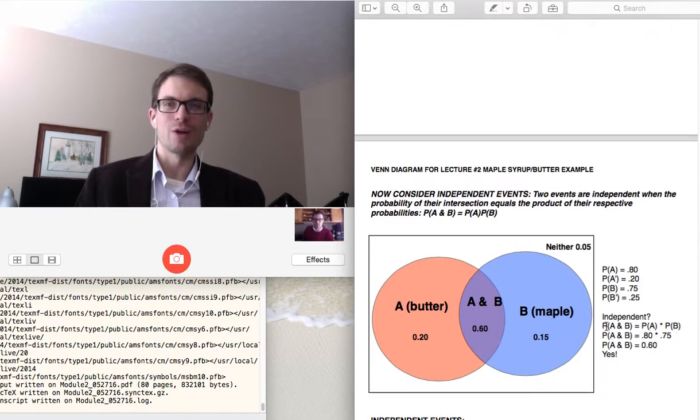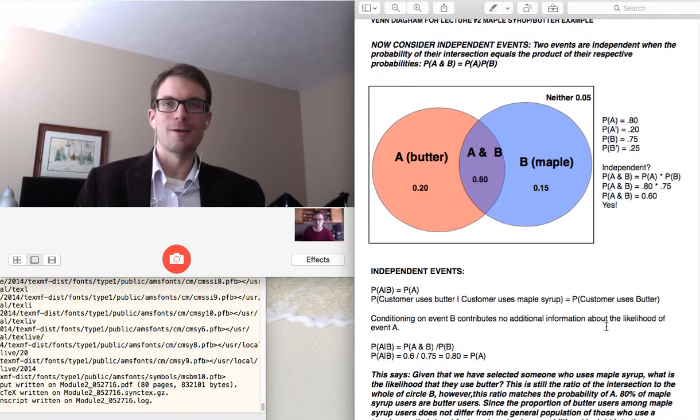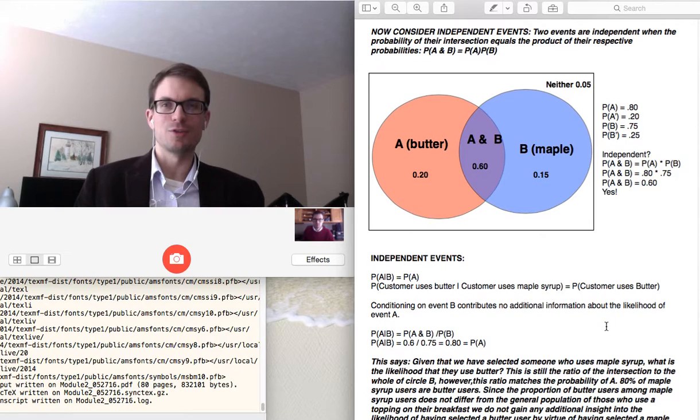Okay, so now what I'll show you is the same sort of analysis, but suppose instead we have independent events. Two events are independent when the probability of their intersection equals the product of their respective probabilities. So the probability of the intersection, A and B, equals the probability of event A times the probability of event B. And you'll see that that's true here.